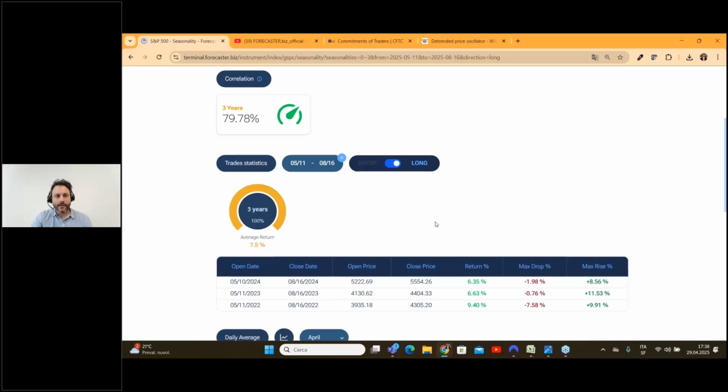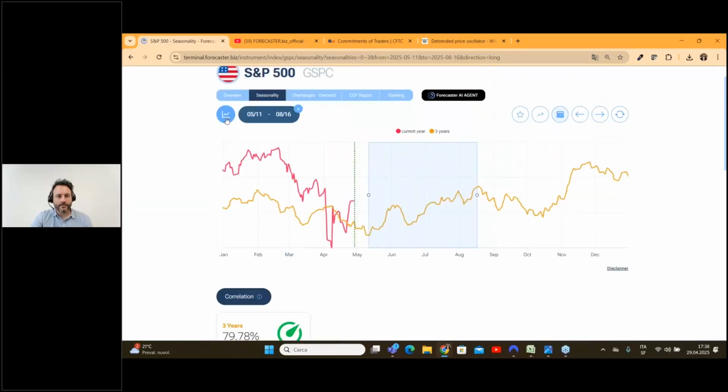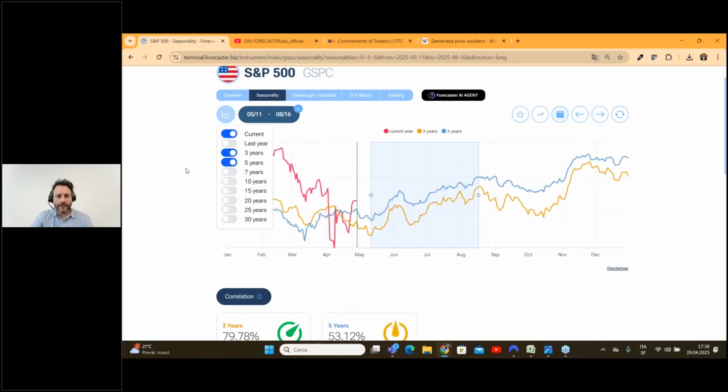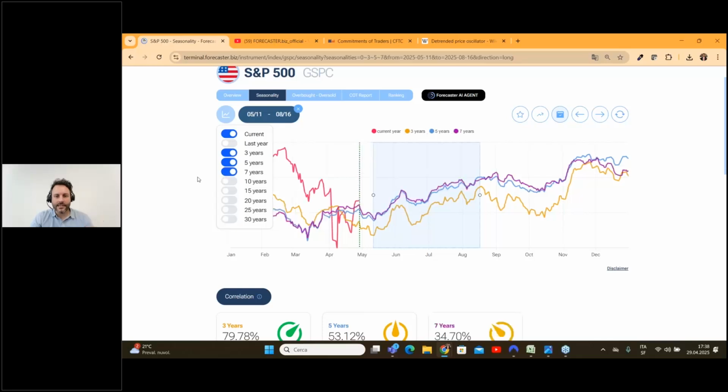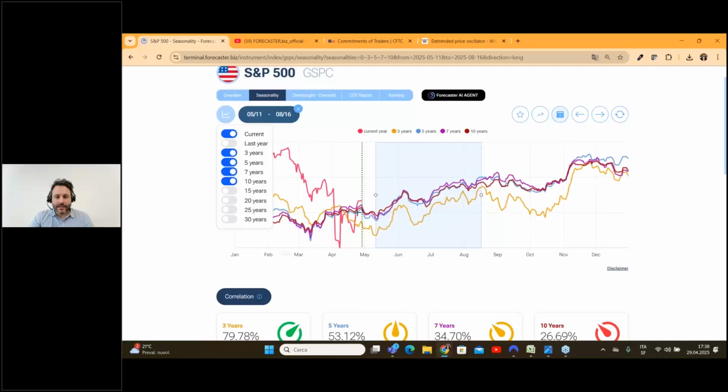Okay. If we add, for example, the 5-year seasonality, the 7-year seasonality, the 10-year seasonality, we can definitely say that exactly like the 3-year seasonality, during this specific period, they moved very similarly.